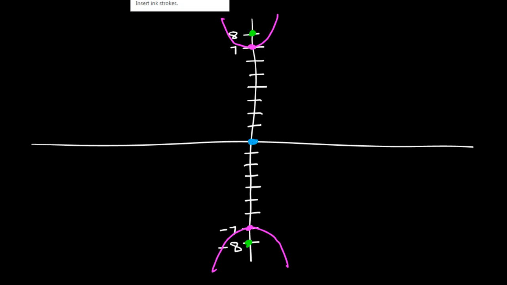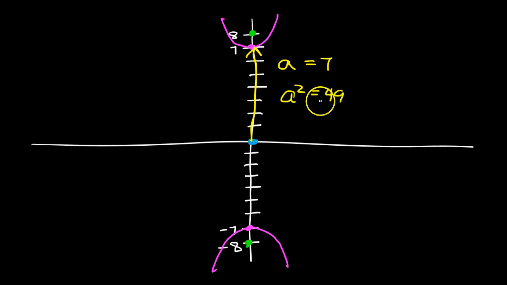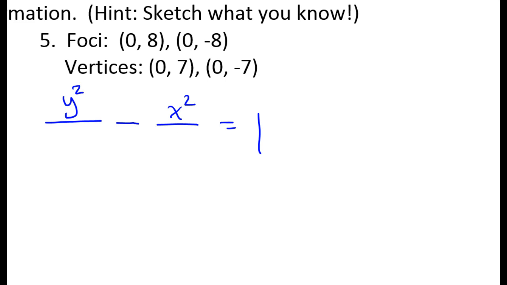The a value is the distance from the center to a vertex. So this is a. A is 7. That means a squared is 49. See how it's vertical? So it makes sense that this 49 is going to go under the y term. Now, that's a squared.